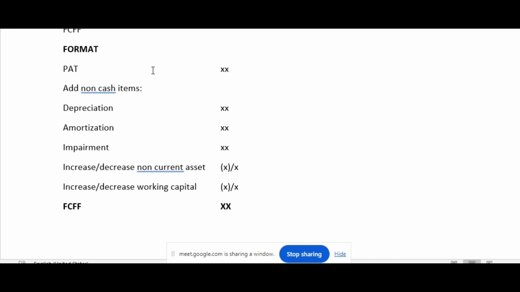Assuming that the sales will increase by 2% in 2025, which means that you have to do free cash flow 2025. They will not tell you that the free cash flow is, let's say, for 3 years and you are in 2024. You will start 2025, 2026, and 2027.